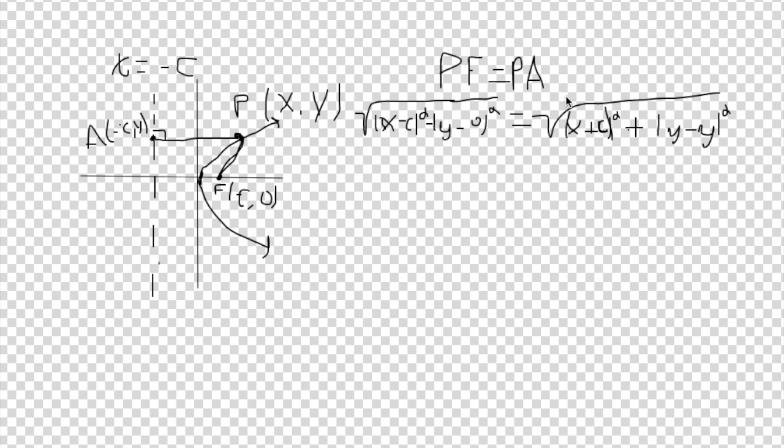Again, just like before, we're going to square both sides to get rid of the square roots on either side. I'm also going to make two steps in one. We know that y minus 0 is just going to be y squared. And then we're going to have x minus c squared as well. x minus c squared plus y squared equals x plus c squared.